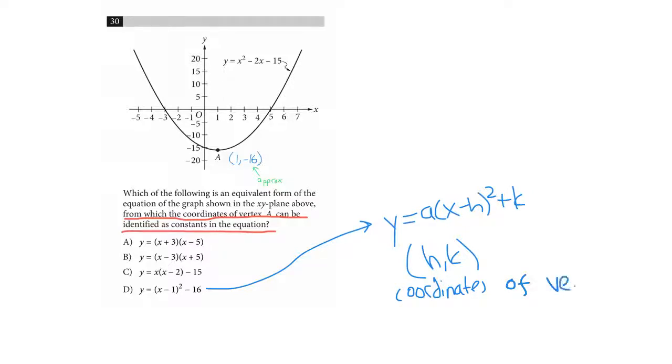And just to be clear, h is the number that's being subtracted from x, k is the number that's being added to this term. Well, the number that's being subtracted from x is 1, and the number that's being added to this term is a -16. -16 is currently being added to this term right there, so hopefully that makes sense. Moving on.